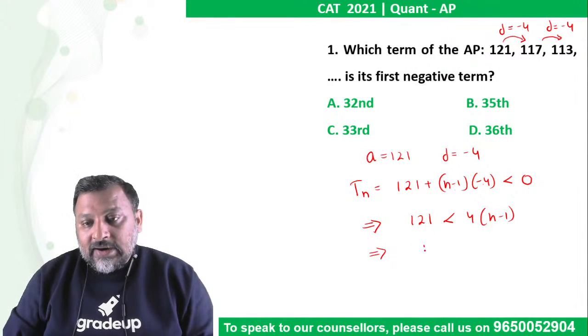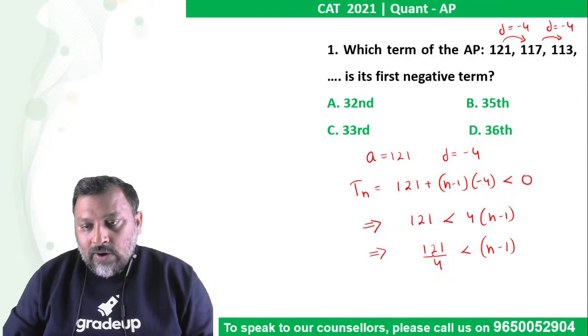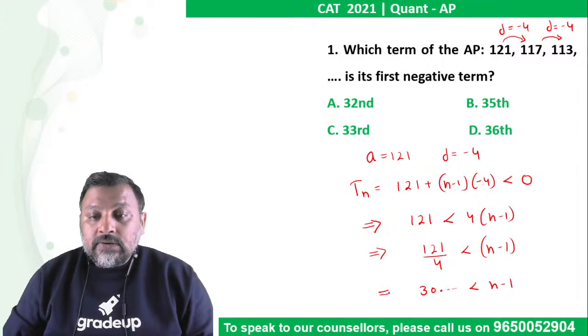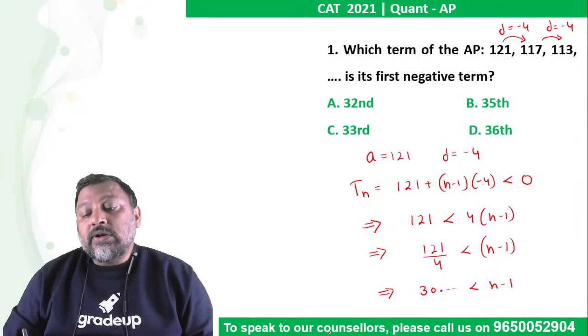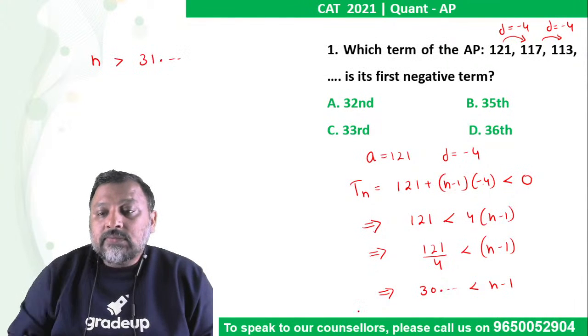So 121 by 4 is 30 point something. So n minus 1 should be greater than 30 point something.